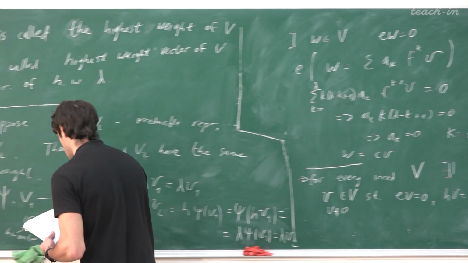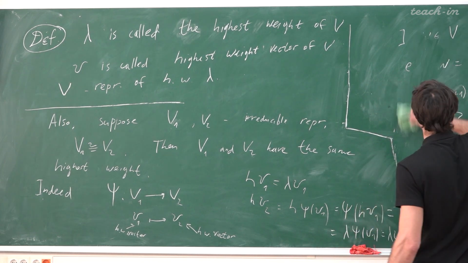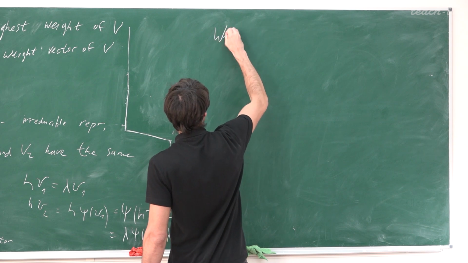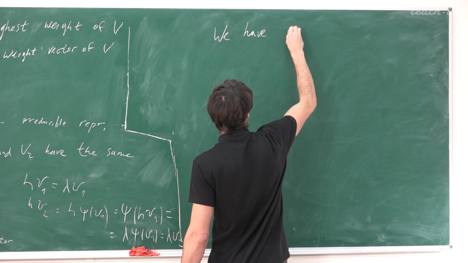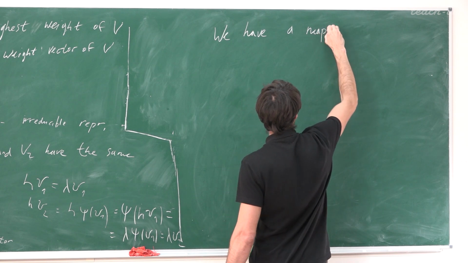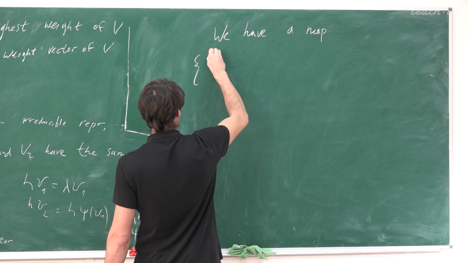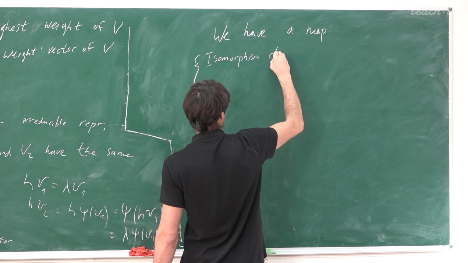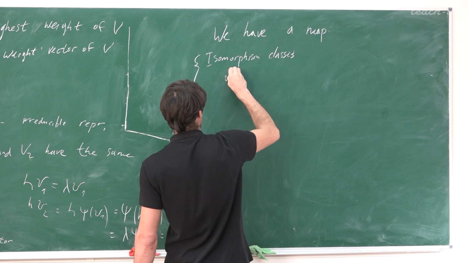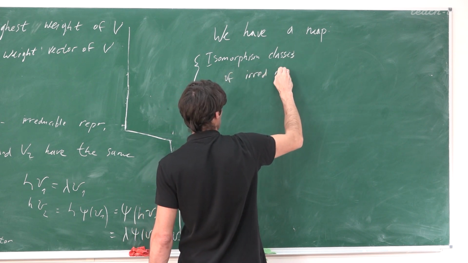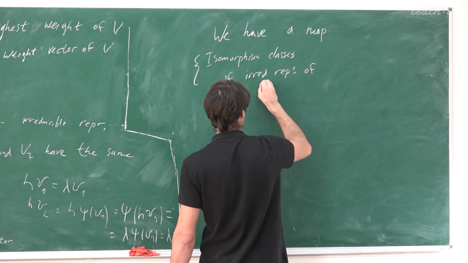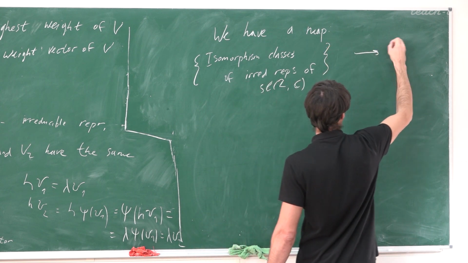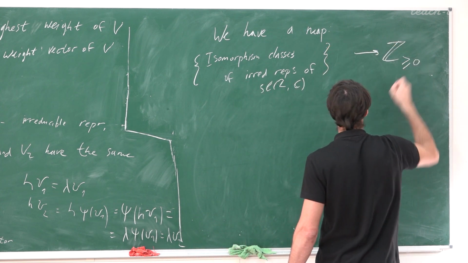So what do we get actually? To sum everything up, we have a map from isomorphism classes of irreducible representations of SL2 to just non-negative integers.